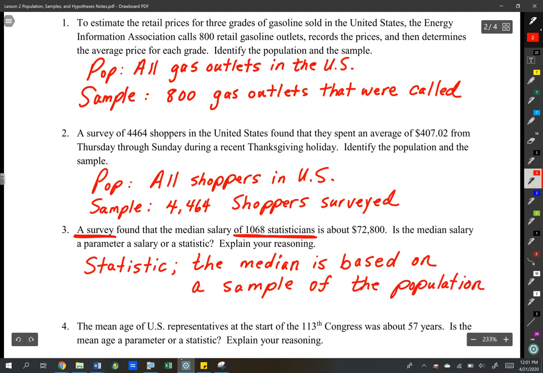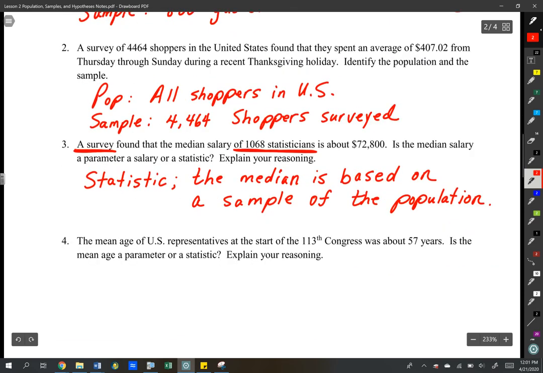Okie dokie, keeping it moving here. The mean age of US representatives at the start of the 113th Congress was about 57 years old. Is this mean age a parameter or a statistic? All right, so we looked at all of the US representatives in the 113th Congress.